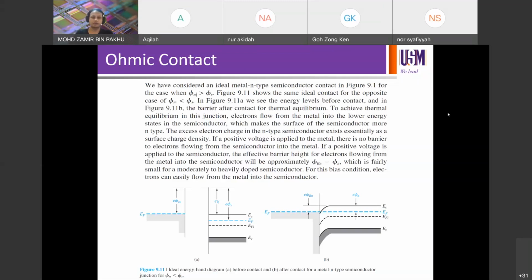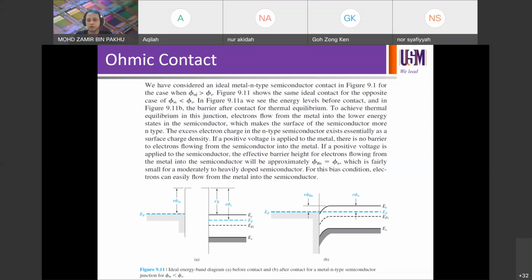So we have discussed the flow of electrons from metal to semiconductor or semiconductor to metal according to the Fermi level, or Fermi energy, EF.